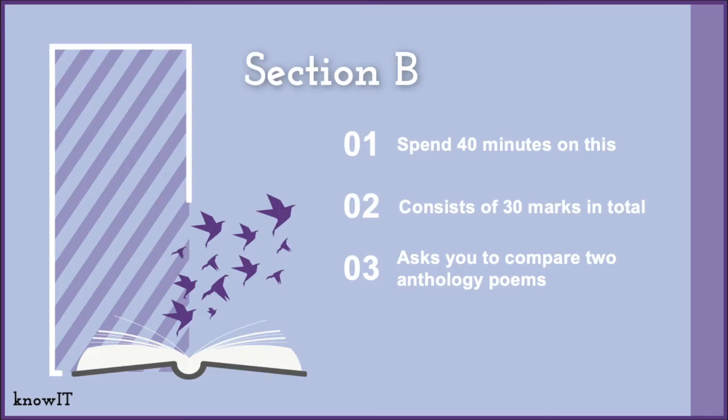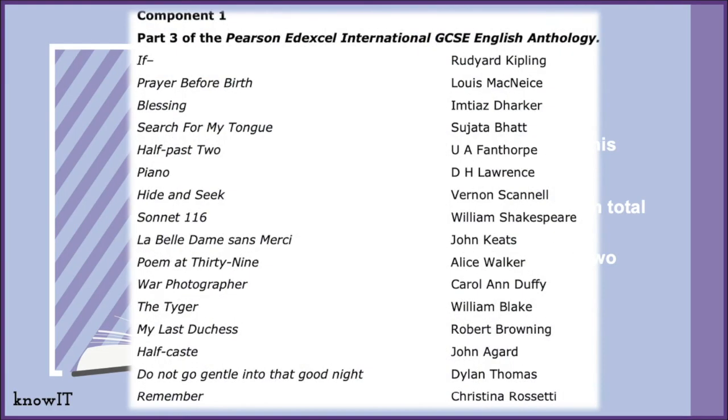You have to basically compare poems in this section, and the poems will be part of a list which you will previously have analyzed already in class, and this list is the same for anyone who's taking the Edexcel International GCSE English Literature exam, and it's right over here.